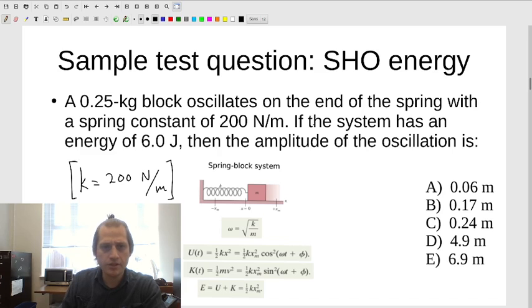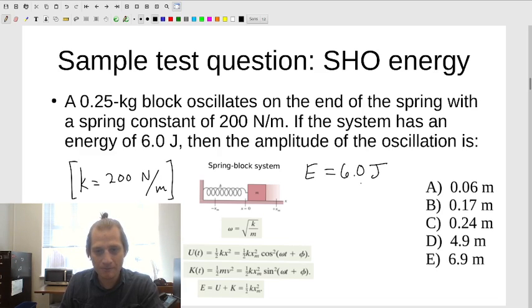If the system has an energy of 6.0 joules, so that could be kinetic or potential energy, but let's say for now it's just E, 6.0 joules. Then the amplitude of the oscillation is.